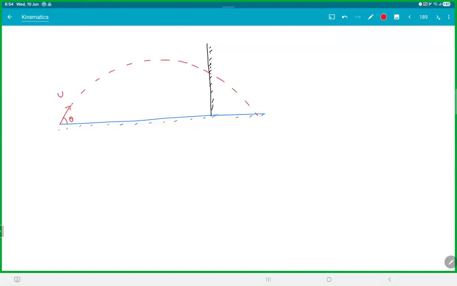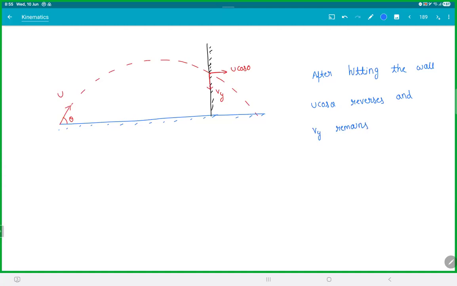Meaning at this point, you are going with u cos theta and your vertical velocity was Vy. So after hitting the wall, only the u cos theta will reverse. The magnitude remains the same, and Vy remains the same, meaning nothing will change in the vertical direction.